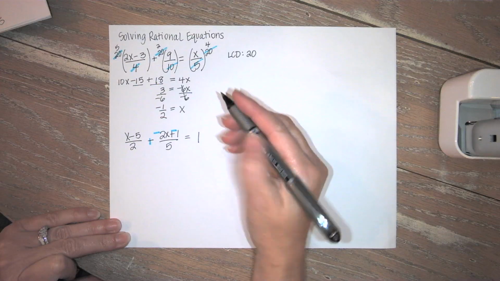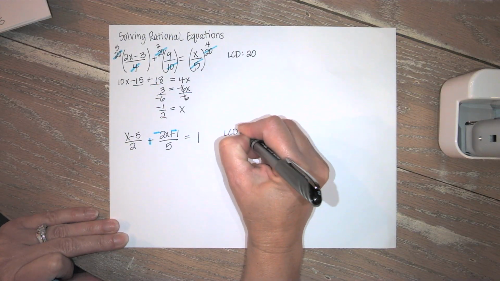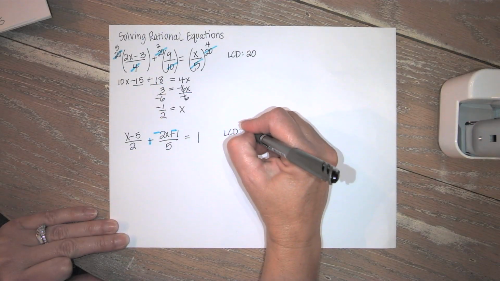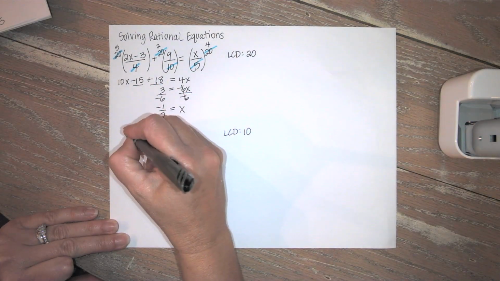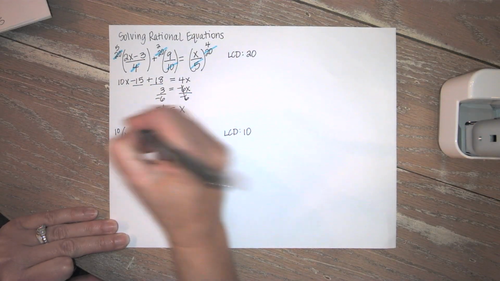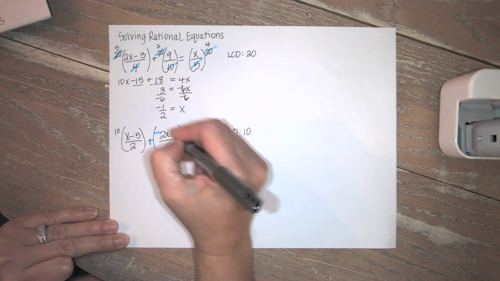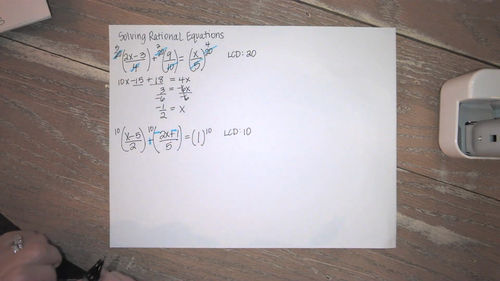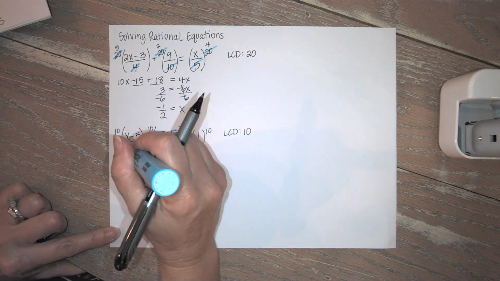And then I'm going to look for my least common denominator. Again, I have just number denominators this time, so my least common denominator is going to be 10. I'm going to multiply each part of the rational equation by 10. And that's going to clear out my fractions.